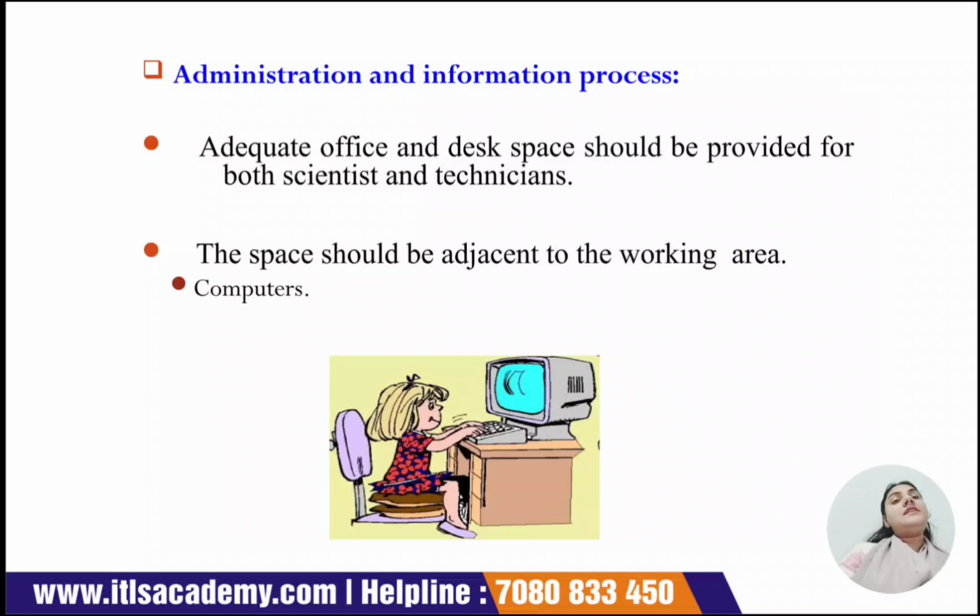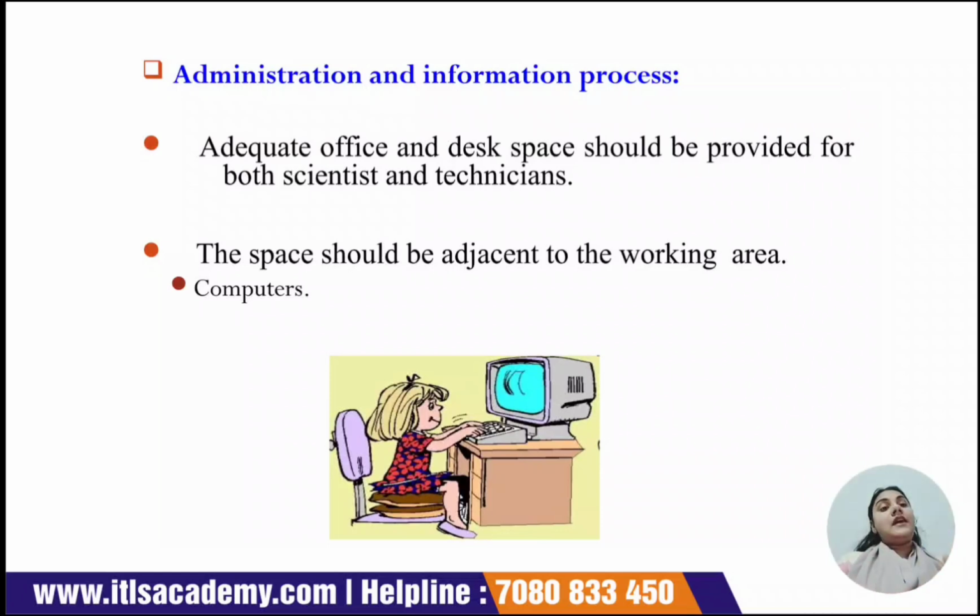Why is there a need for administration and information processing? Adequate office and desk space should be provided for both scientists and technicians. The space should be adjacent to the working area, because whenever there is production, sometimes there is a need for a chart, a graph, or the testing results.